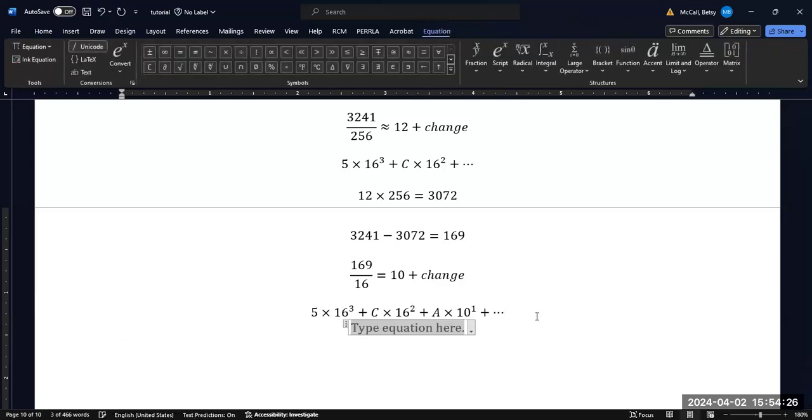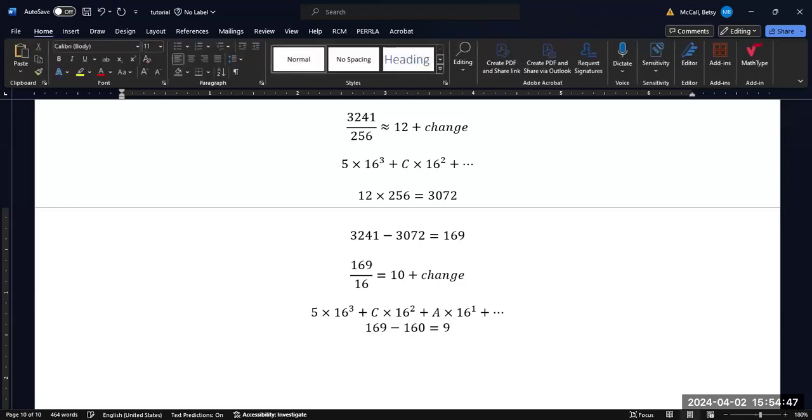And so now I'm going to subtract 169 minus 160, because 16 times 10 is 160. That's going to give me 9. And so my final digit, now that I'm under 16, is just 9. And so my final digit is going to be 9 times 16 to the 0.